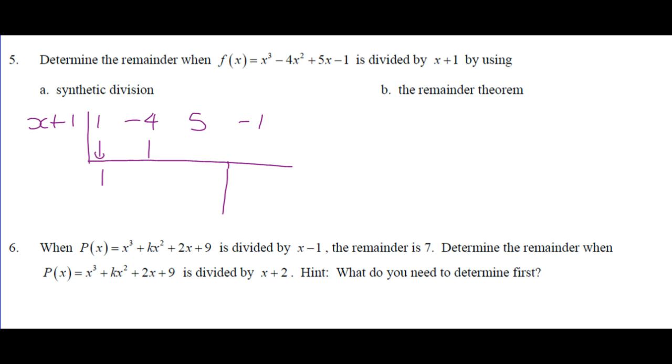So negative 4 minus 1 is negative 5, negative 5, positive 10, positive 10, negative 11. Remainder theorem says, what do I do for remainder theorem? I'm going to evaluate f of what? Negative 1.